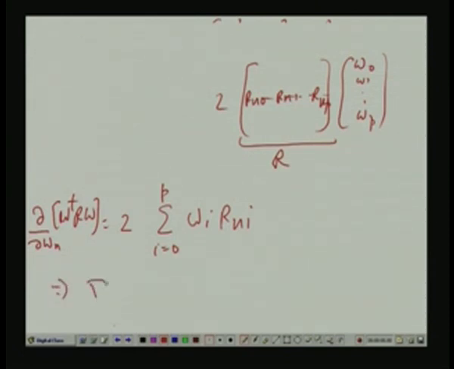That means del of twice R W. So, if we sum up, what is the net gradient? We earlier had minus twice p.